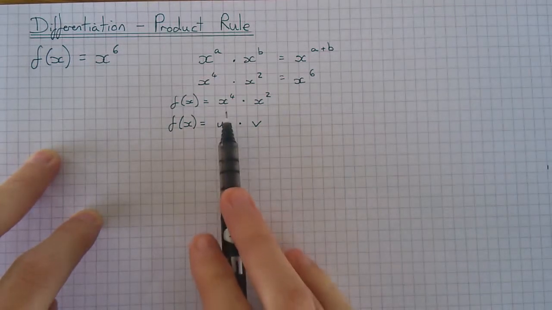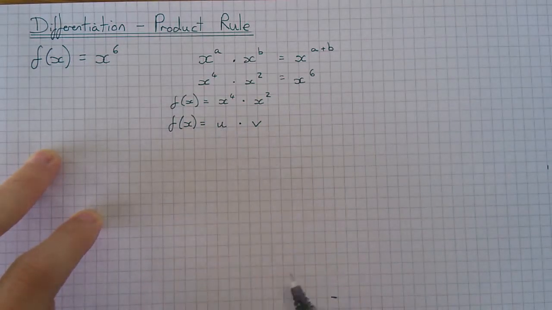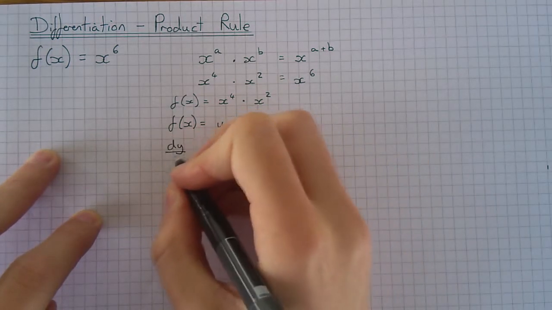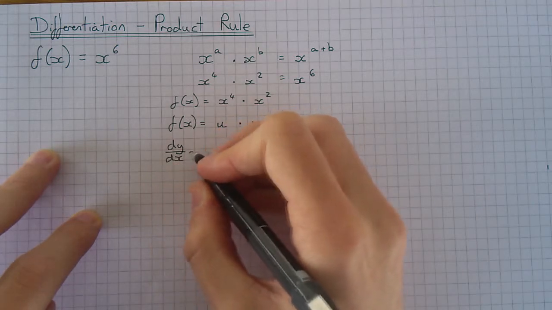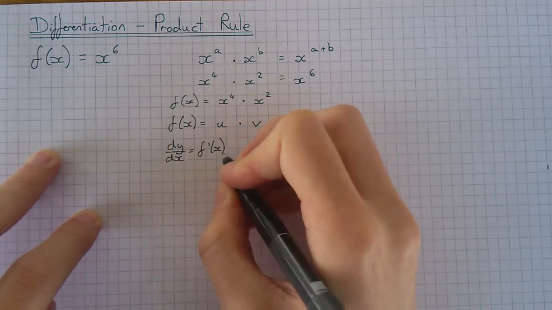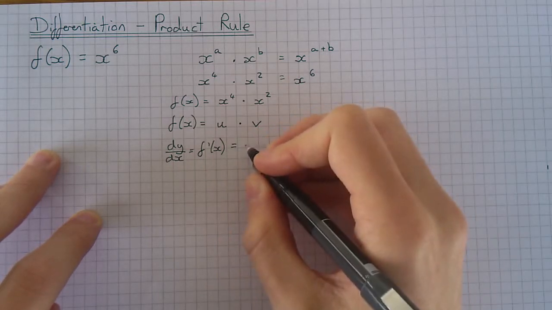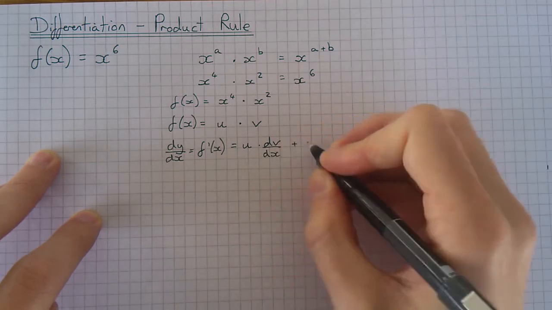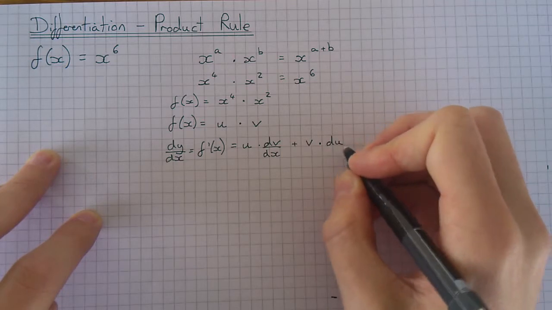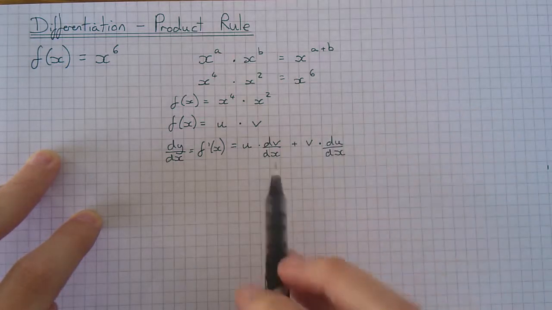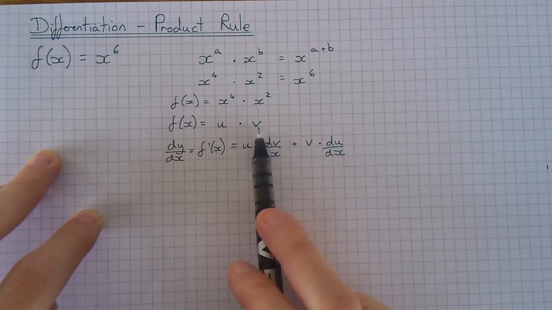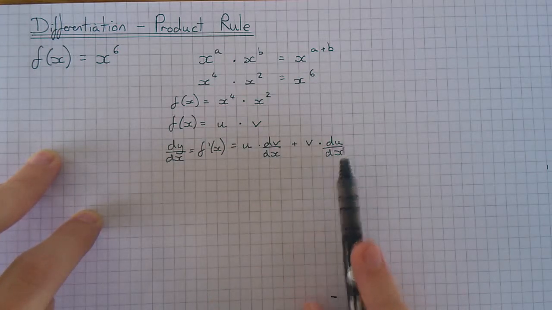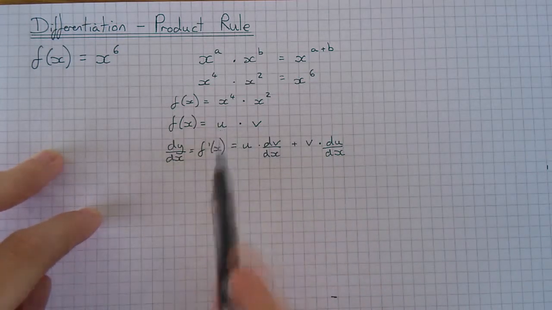To use the product rule, we simply use this general rule, where f of x equals u times v, dy by dx, or in this case f dash x, is equal to u times dv by dx plus v times du by dx, where u is u and v is v, and dv by dx is v differentiated with respect to x, and du by dx is u differentiated with respect to x.